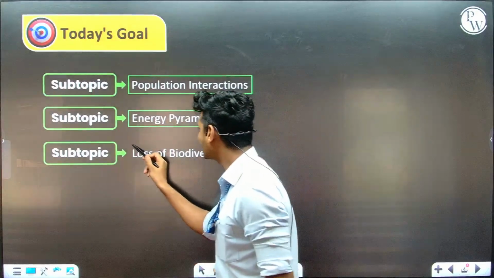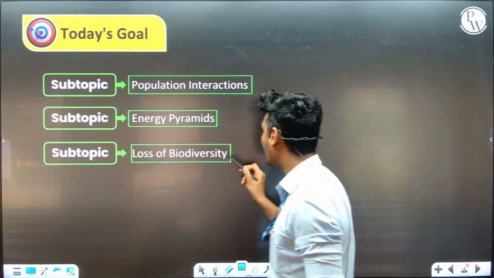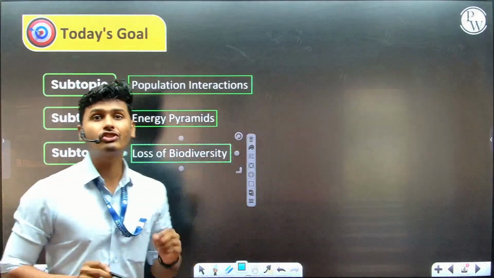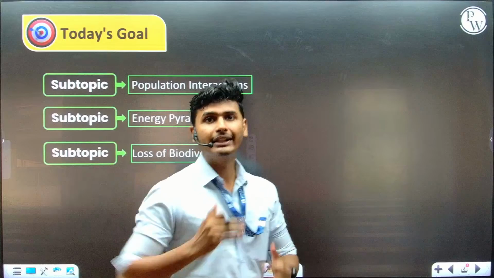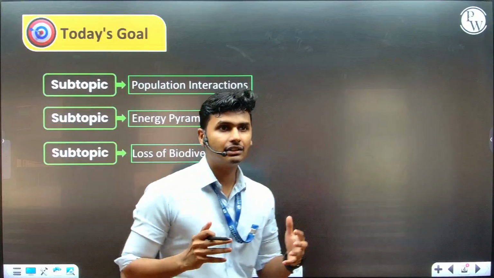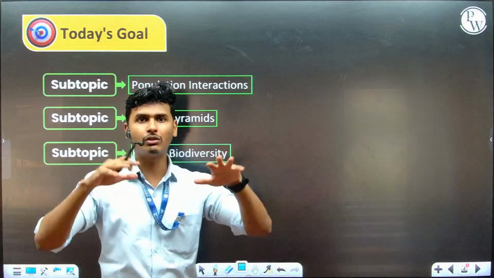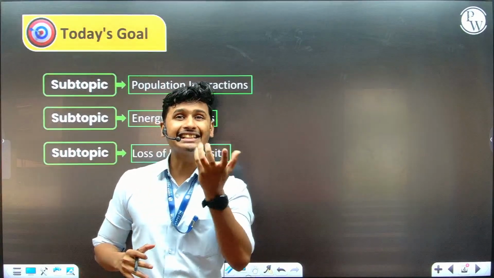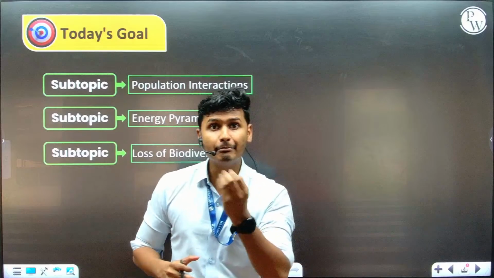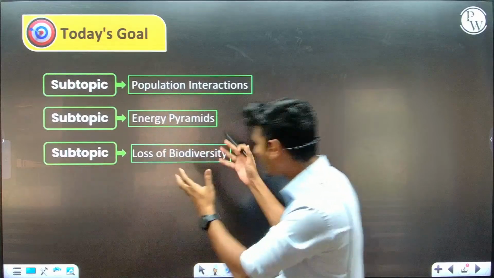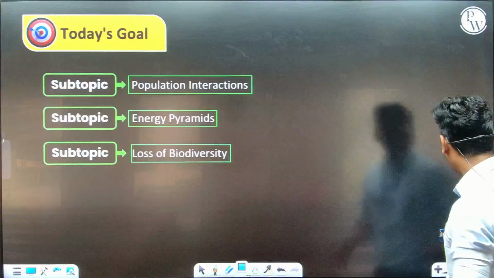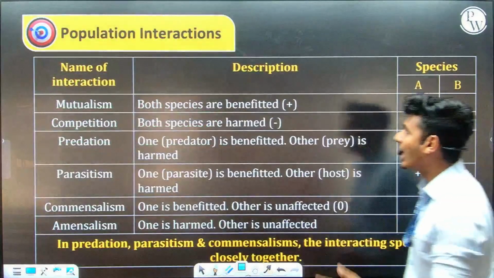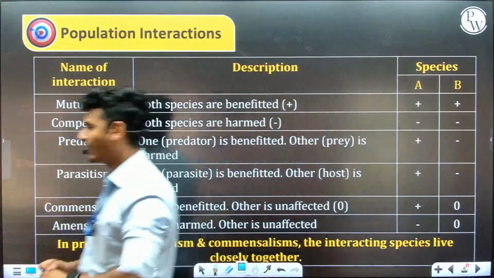And the last subtopic is the loss of biodiversity. In loss of biodiversity, we are going to understand that every organism on this planet, on this earth, has its intrinsic value, has its importance. Those are the subtopics for today's goal, and we are going to start with population interaction.